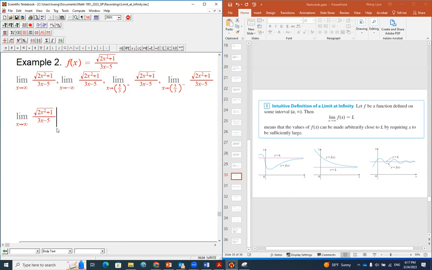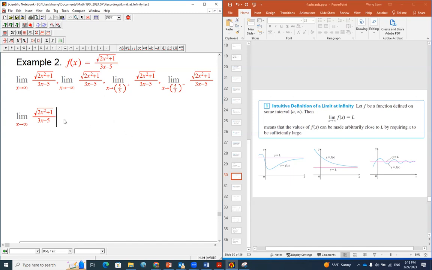So we can assume x is positively pretty large, and we can choose an interval, say, from a very large number to infinity. So this whole thing will be defined there. And the main issue here, as x approaches infinity, the top is going to approach infinity. The bottom is also going to approach infinity. So we have an infinity divided by infinity situation. And in this case, we cannot use the law of limit.